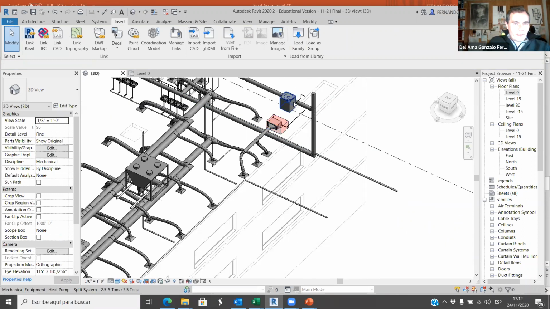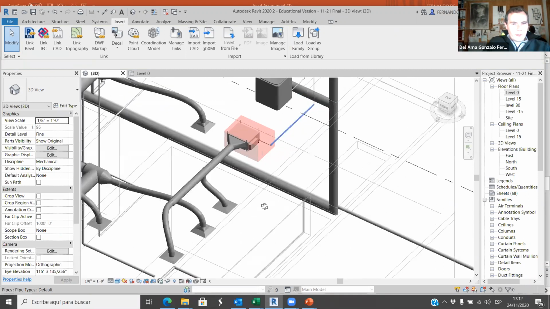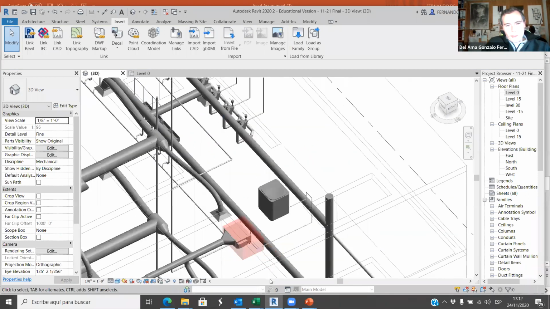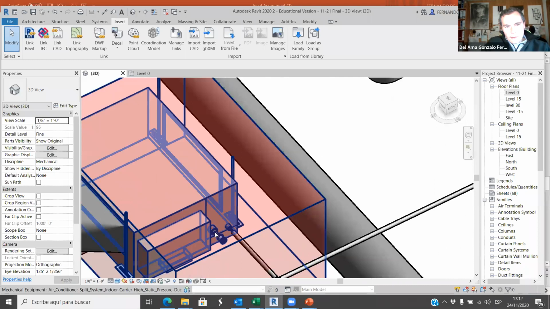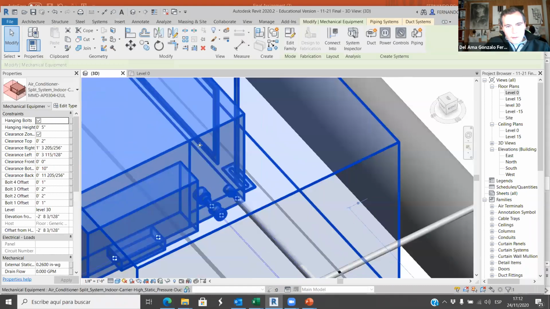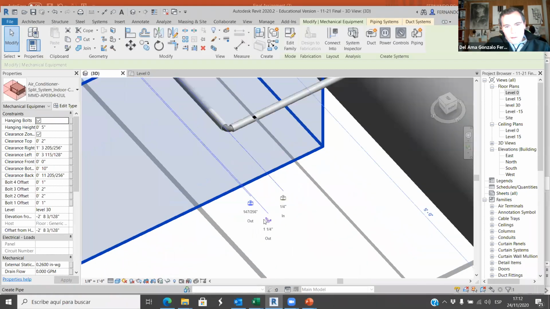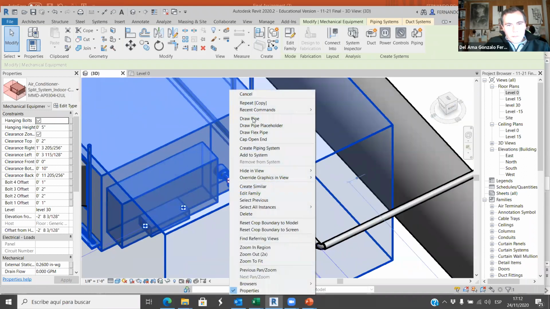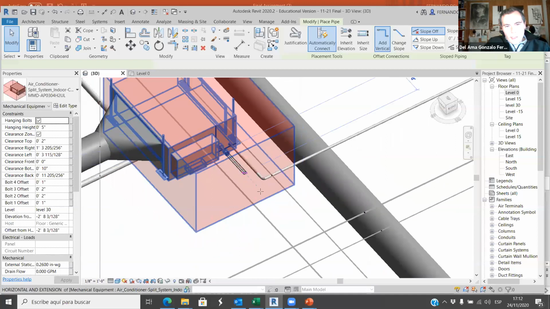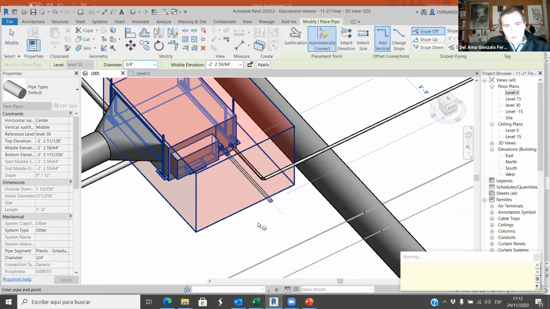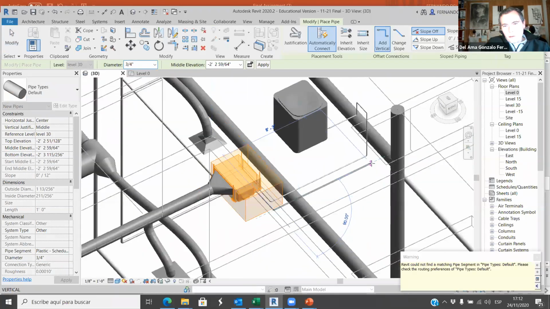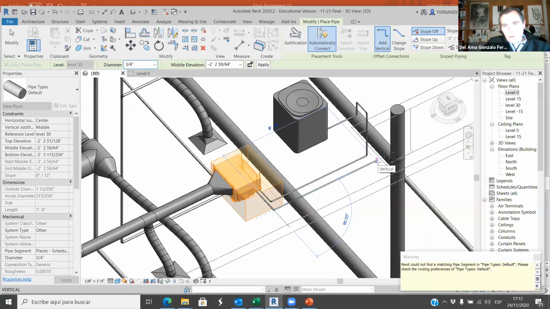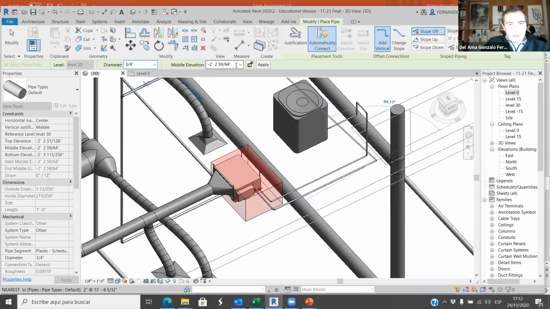We have a heat pump here, and we are connecting this heat pump to this. I will work with this again. So this is the outlet now. Go pipe. I can go this way, that way, and I can change the elevation too.